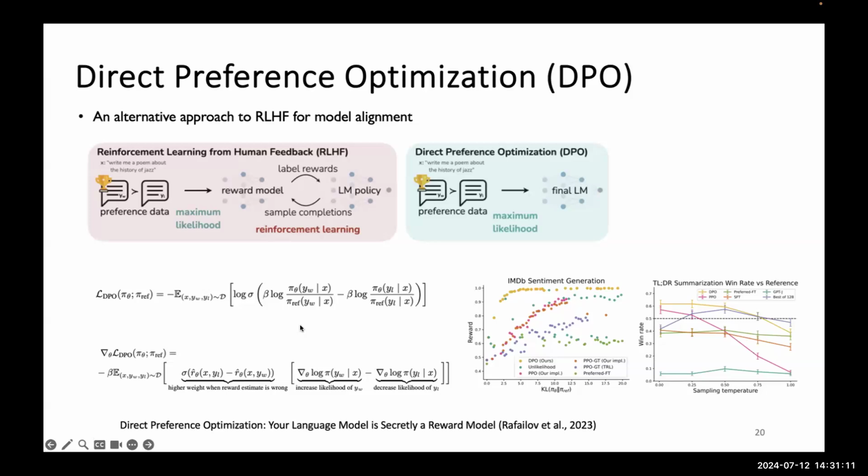What they show is that one of the terms here can now be treated as your implicit reward model, and that's how they bypass that requirement. Here, W refers to your preferred response and L refers to your not preferred response. Pi is your language model, theta is the trainable parameters, and pi reference is your reference model.